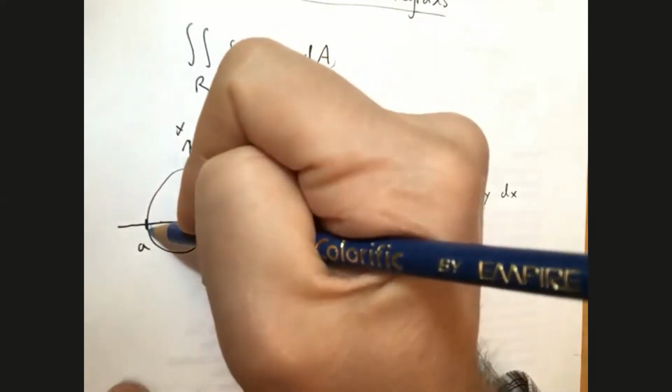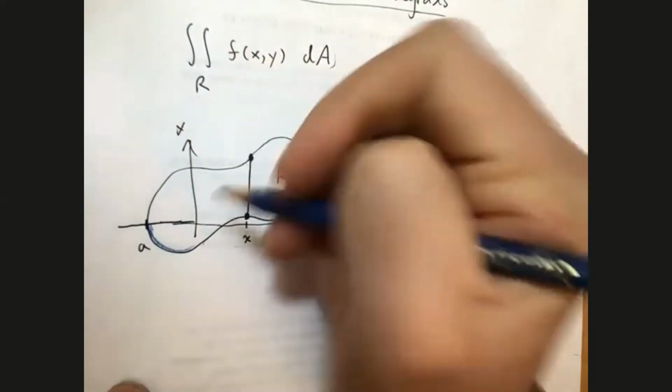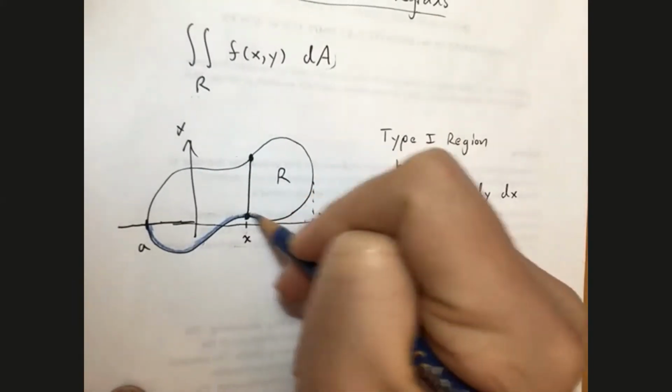And that function is just the graph of the bottom of my region. So I'll shade that in blue.